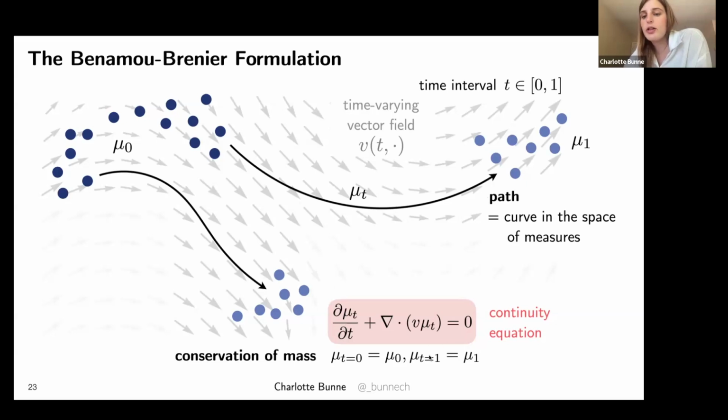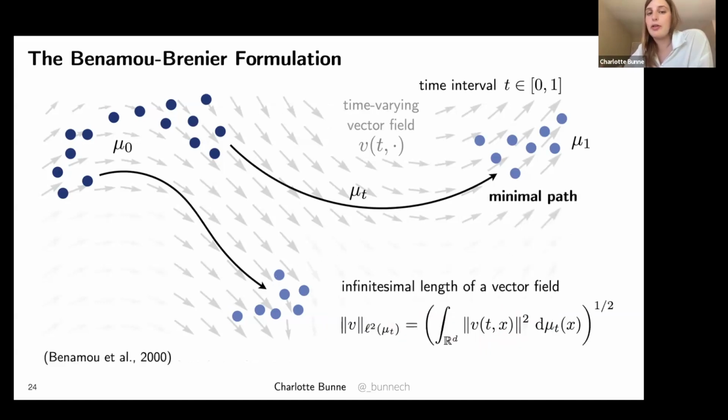So we need to follow this continuity equation, the conservation of mass principle, such that my distribution at time point 0 corresponds to the marginal measure at time point 0, and the same being the case for time point 1, really coinciding with the marginal of my measurement at time point 1. And because we also want to look at the optimal transport, we still have some formulation of optimality.